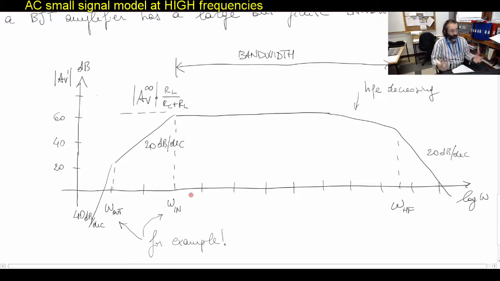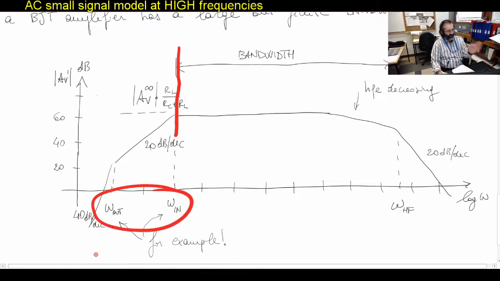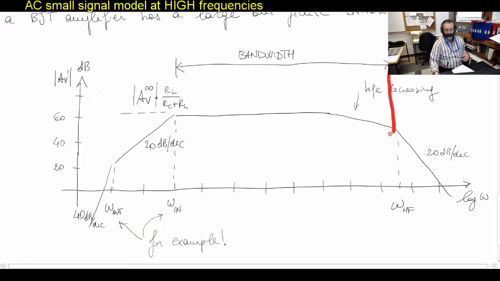So we should always expect that what we've seen today, which seemed very nice and simple, holds true for a certain bandwidth. The low frequency end is determined by us through C in and C out, the capacitors we put in. The high end is more related to the intrinsic capacitances of the PN junctions in the BJT transistor.